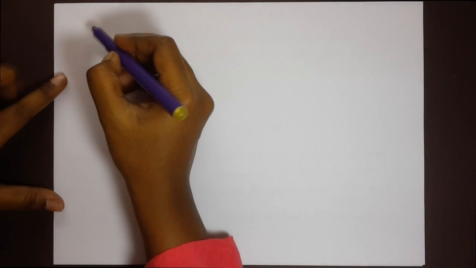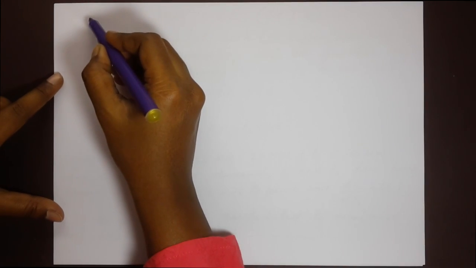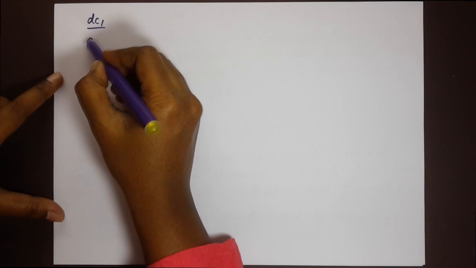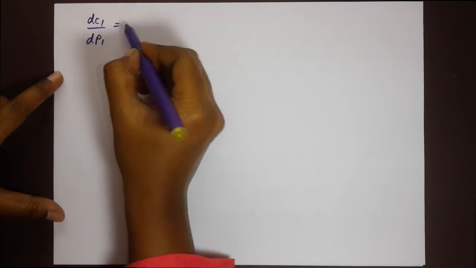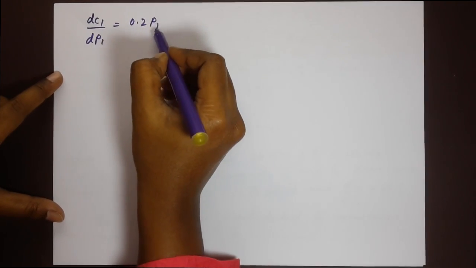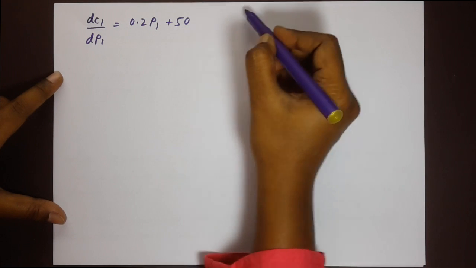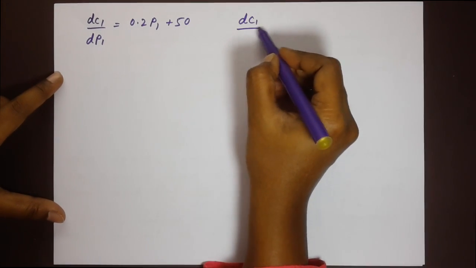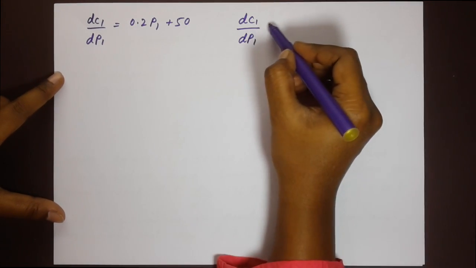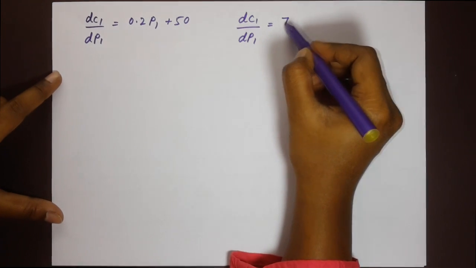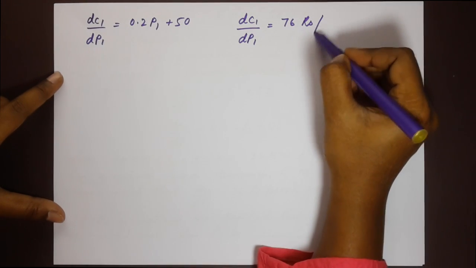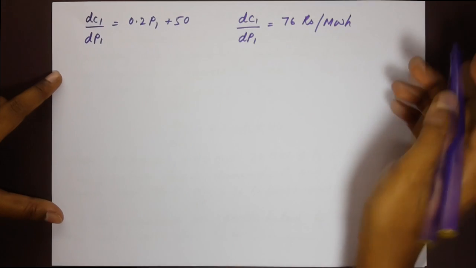So we have dC1/dP1 equals 0.2 P1 plus 50, and the value of dC1/dP1 is given as 76 rupees per megawatt hour.